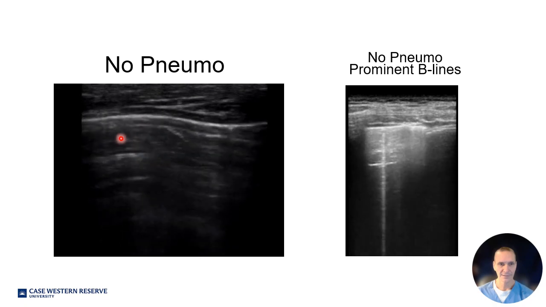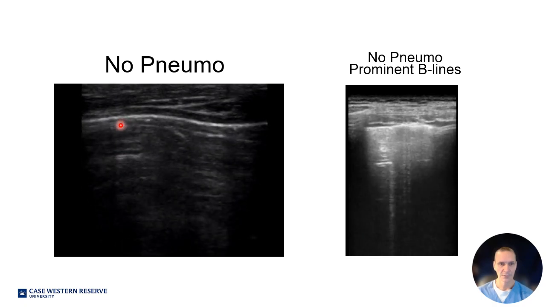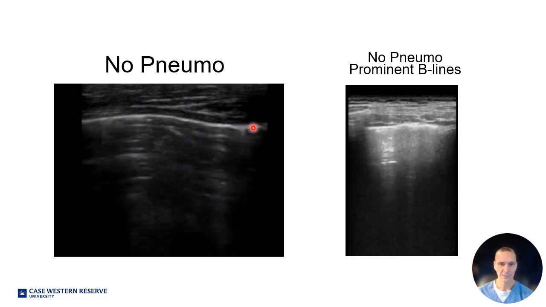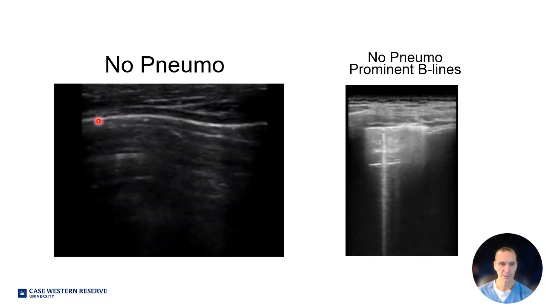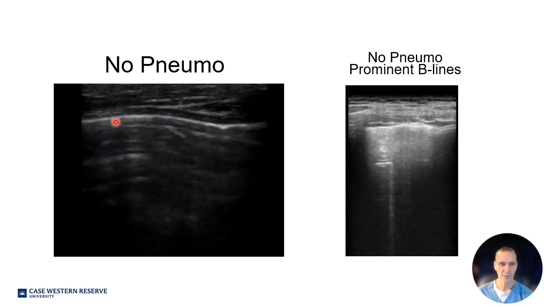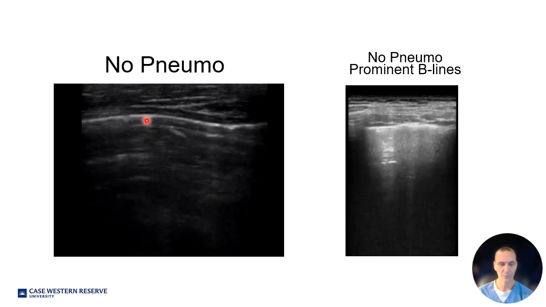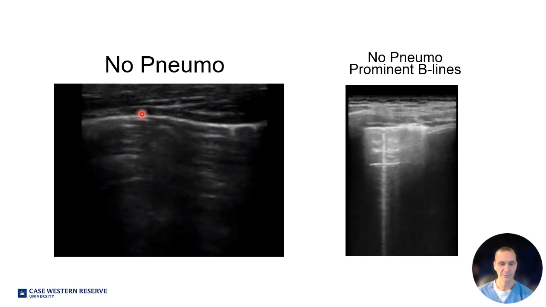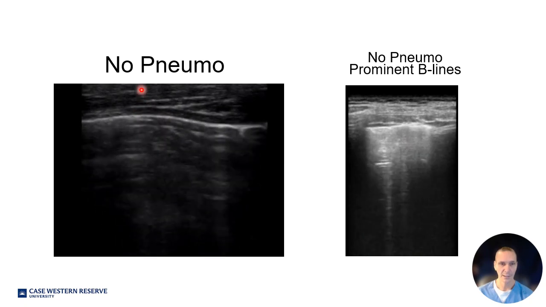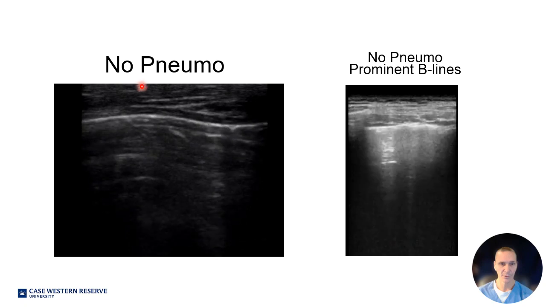You can kind of see them here. So those are comet tails or B lines. And then also the lines running this way are termed A lines. And what these actually are is sound waves coming down, reflecting, going back, hitting the probe.